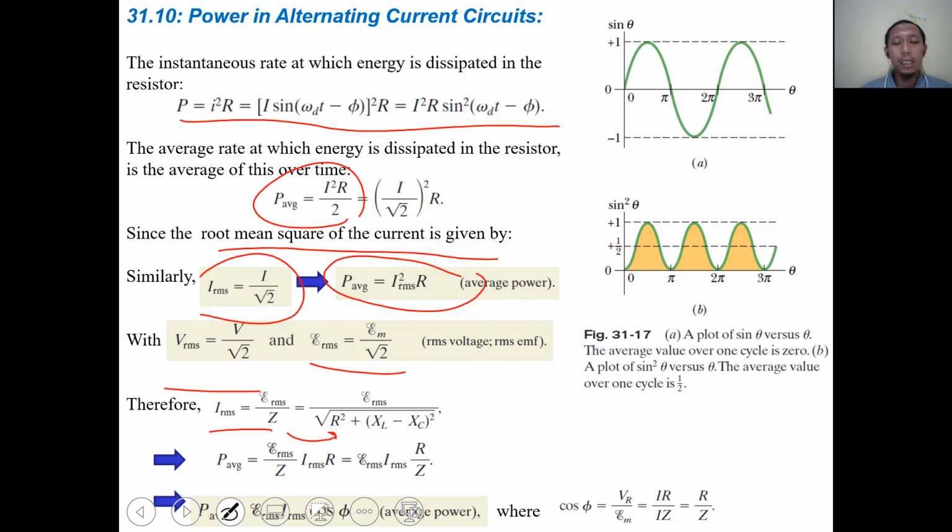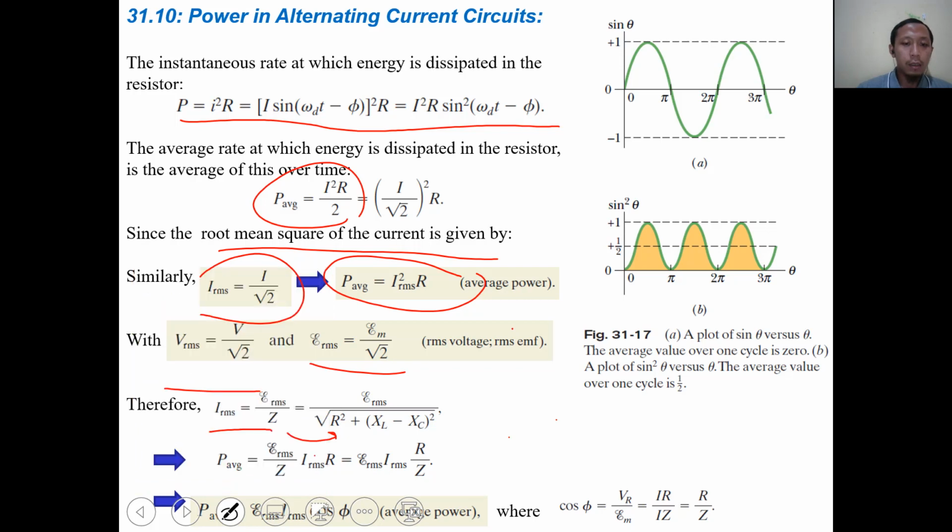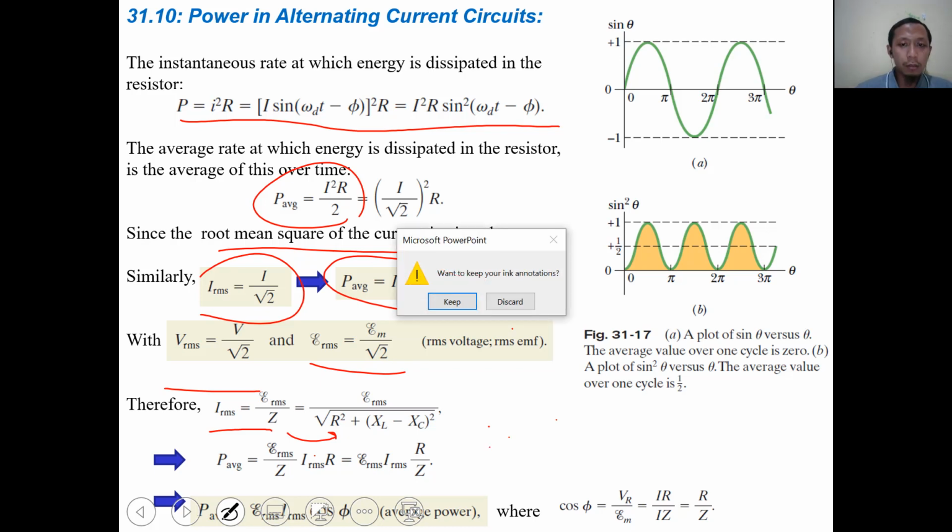So we can use many equations for the average: E RMS per Z dot E RMS R, or E RMS squared R per Z. So this is the average power.